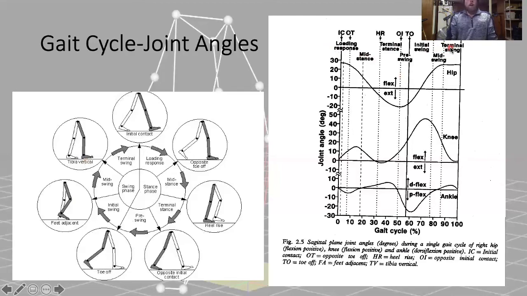So we're going to measure joint angles in degrees. Let's start down at the bottom with the ankle. Remember, dorsiflexion will be positive, plantar flexion will be negative. So let's look at initial contact, right?